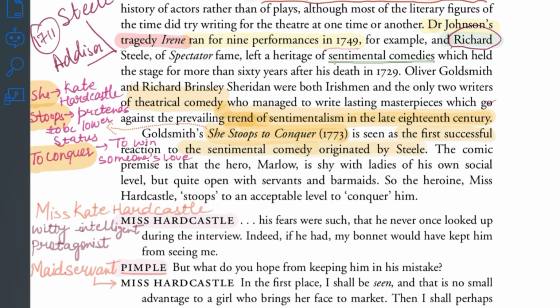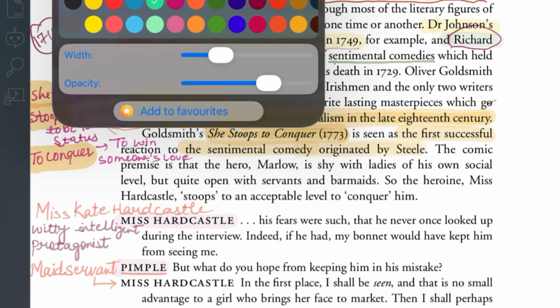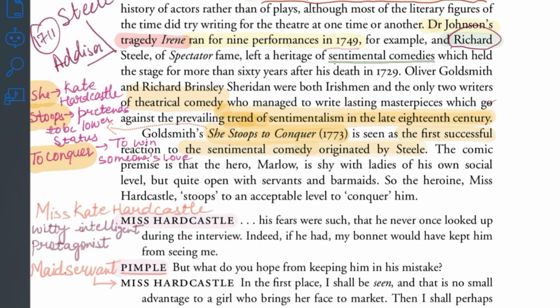Sentimental comedy held the stage for more than 60 years. After the death in 1729, Oliver Goldsmith and another writer, Richard Brinsley Sheridan, both writers are Irish.